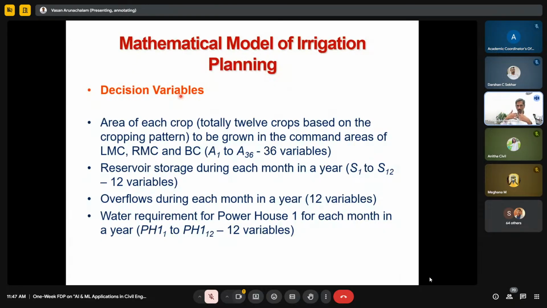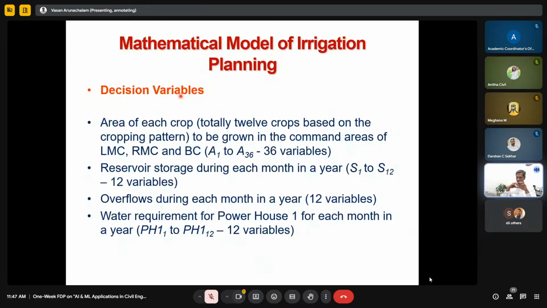Now, how much area of each crop should be grown in the command area? There is a division: you have an LMC or left main canal, a right main canal, and a Bungra canal. We already saw that there are 12 crops. All 12 crops can be grown in any of these command areas, which was presumed based on the discussion with the officials and the agricultural officers, based on the soil health and how well they can be sown, and there were caps given on the minimum requirement for that area for food production.